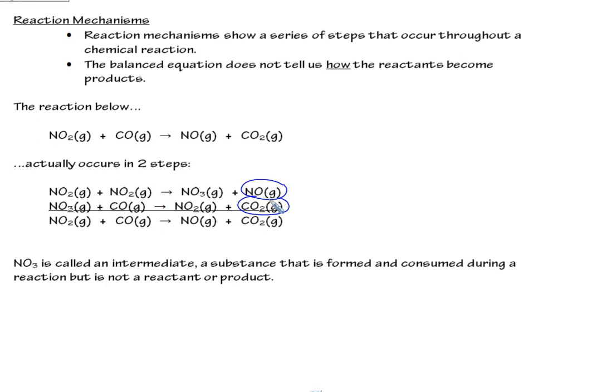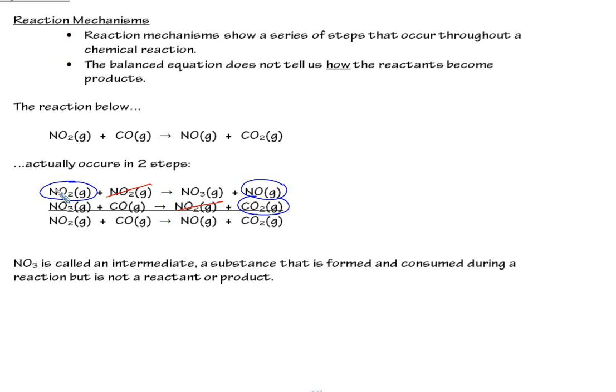I'm reacting two nitrogen dioxide, but I form one in the second step. So what if we cancel one? Cancel this, cancel that. In my overall balanced equation, I only had one molecule or 1 mole of that nitrogen dioxide. Now I also have that in my balanced equation.